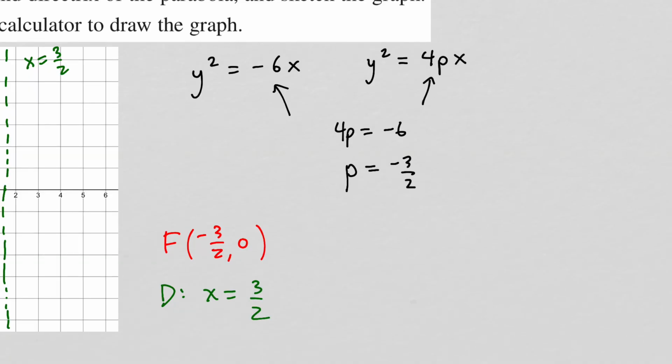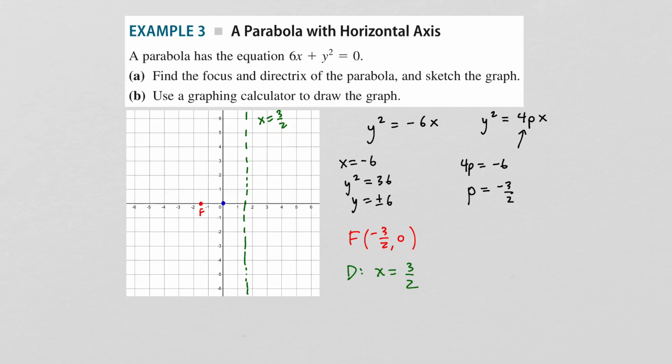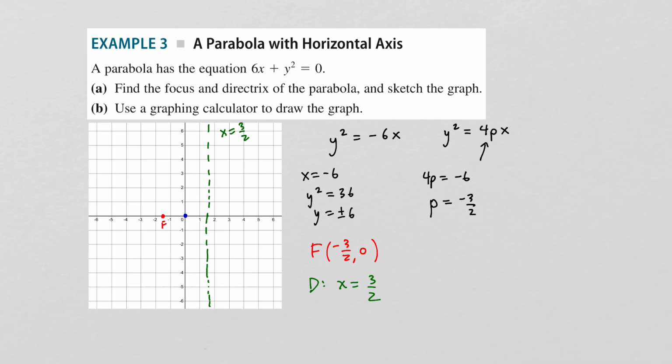So for example, if I choose x equals -6, this is going to be y squared is equal to -6 times -6, which is 36, which means y equals ±6. So when x equals -6, y is going to be +6, and also y is going to be -6. And then we can sketch the graph of the parabola, which goes something like this.